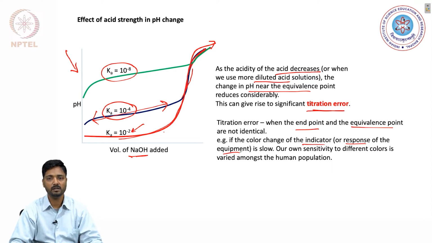And further, when we are using visual indicators such as phenolphthalein or bromothymol blue, then our own sensitivity to different colors is varied amongst the human population. So, our ability to discern the anionic form from the neutral form will be varied from individual to individual, and this may again generate titration errors.